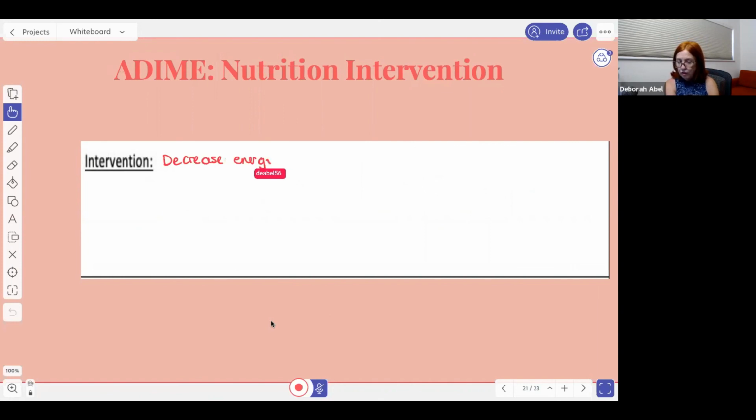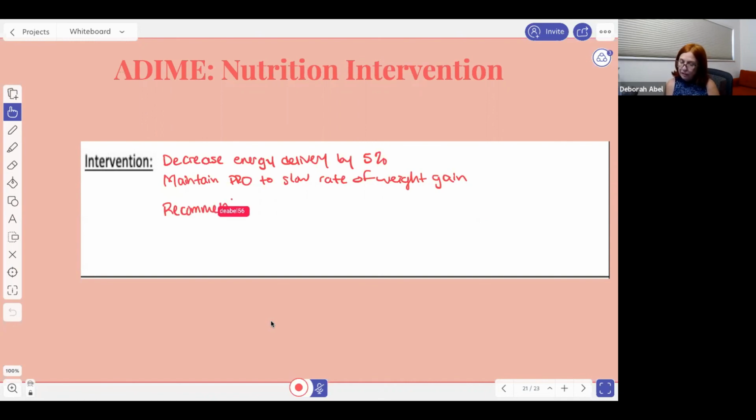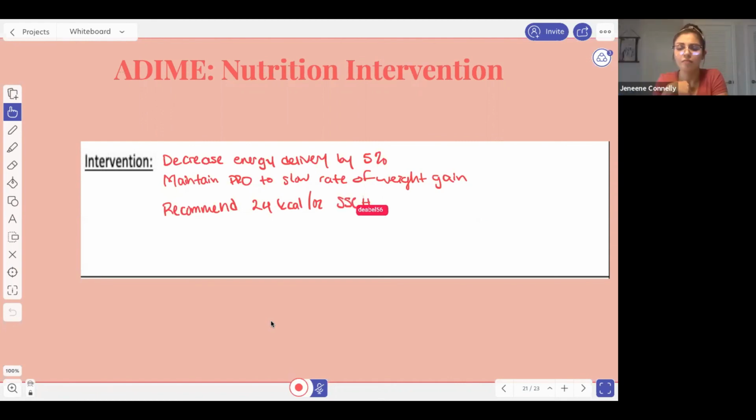So we're going to reduce the calorie delivery, but we're going to maintain protein to slow the rate of weight gain by recommending 24 cal per ounce Similac Special Care High Protein, and you could abbreviate that SSCHP. And you're going to recommend 24 cal per ounce of the SSCHP at 33 mils Q3 hours times 8 feedings.